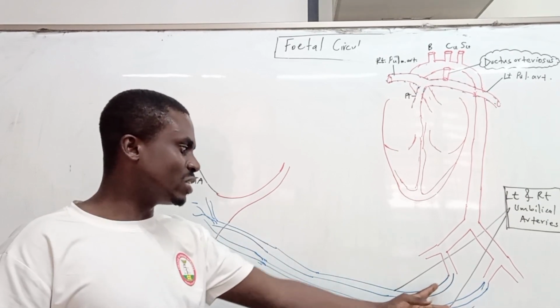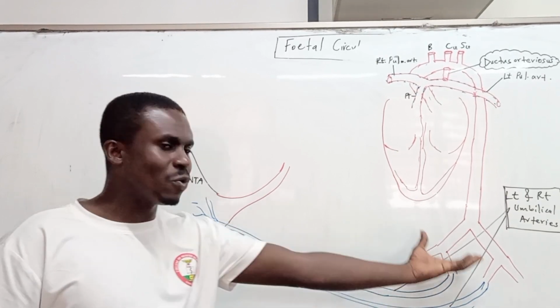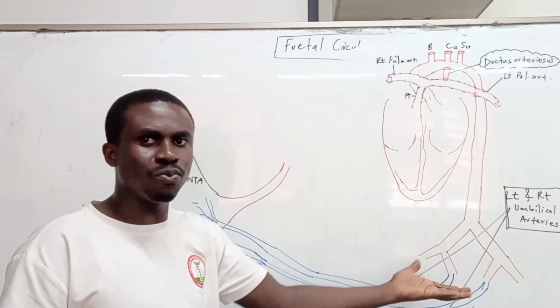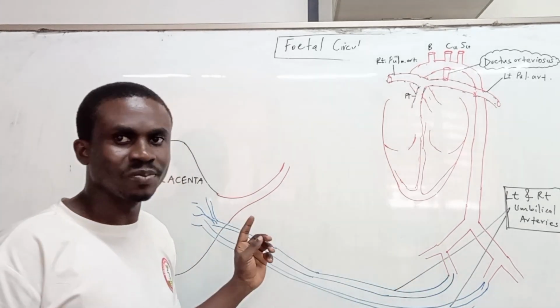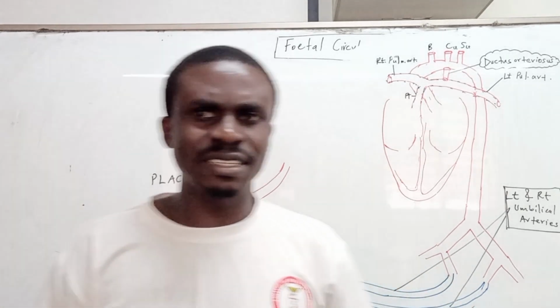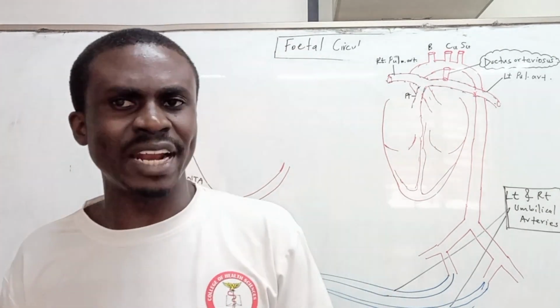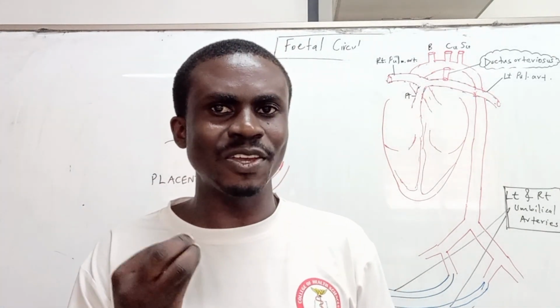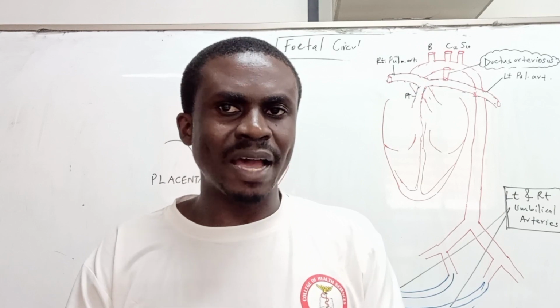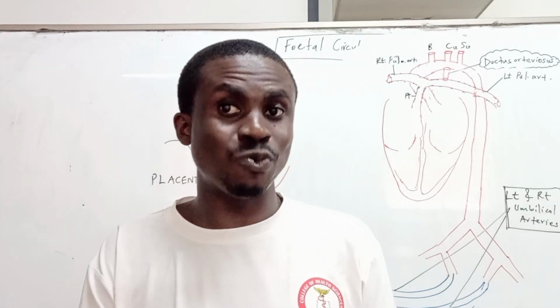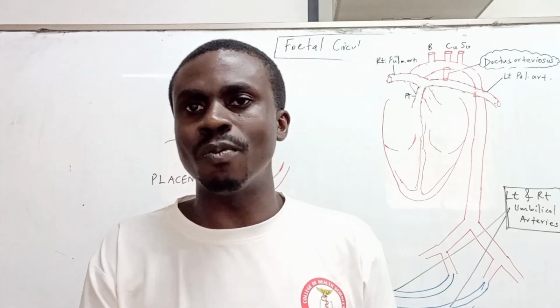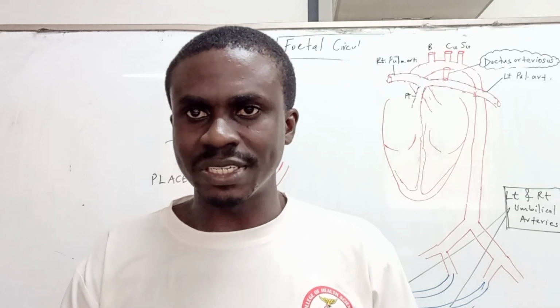Now remember, although these are arteries, because at the lower limb we see a lot of oxygen poor blood, that is why I'm using blue. So one thing too is that usually, in extrauterine life, we say that the only arteries which carry oxygen poor blood are the pulmonary arteries.